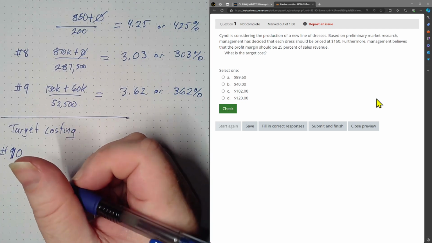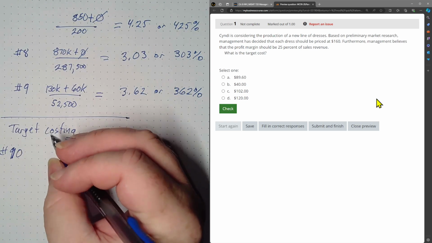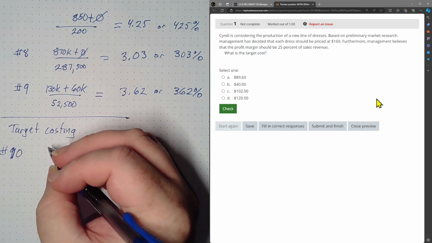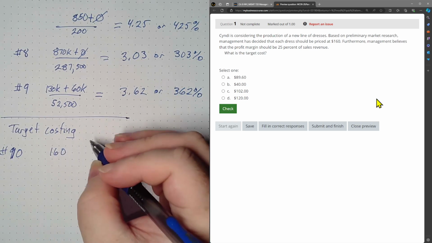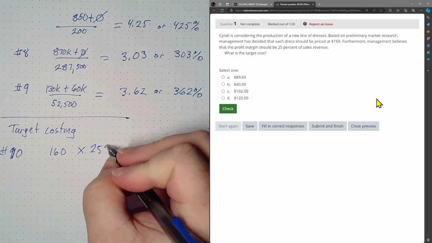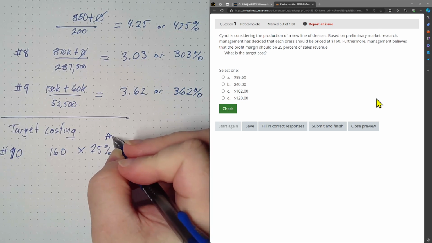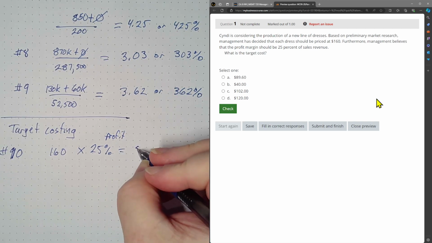So the question is, what is the target cost? But they give us the percentage as the profit. So here we could say $160 is the selling price, right? And you could say times 25% to figure out what the profit is, because that is the number they gave us, and that would be $40.